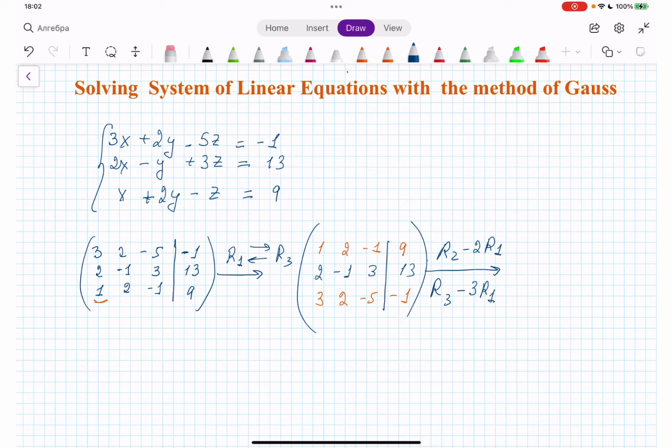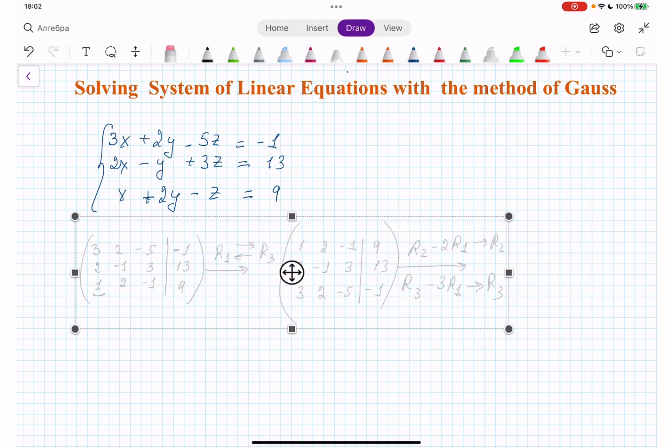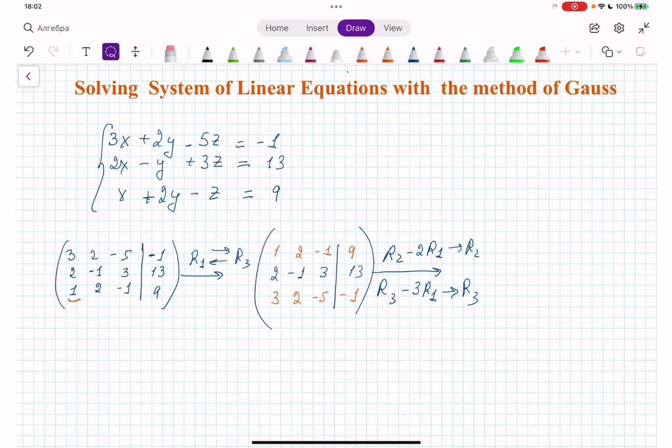First change, I'm writing down where R2 is, and second change, I'm writing down where R3 is. This way I will get these zeros in the lines of 2 and 3.